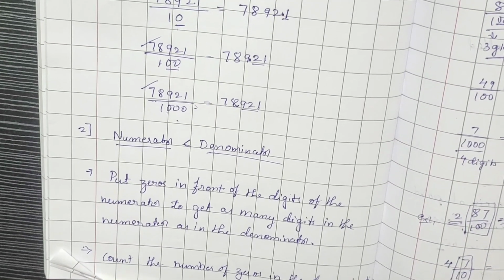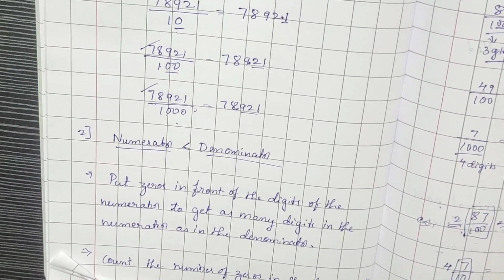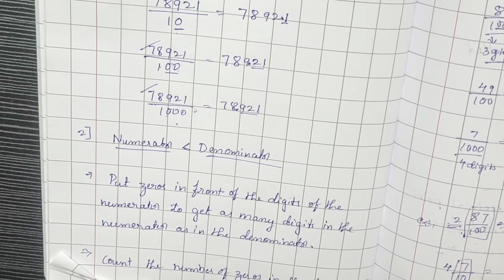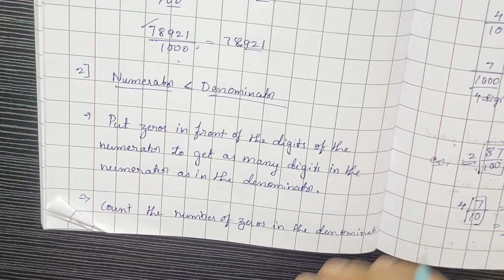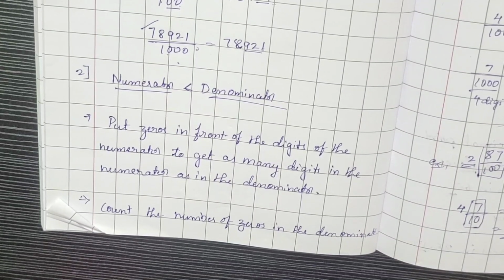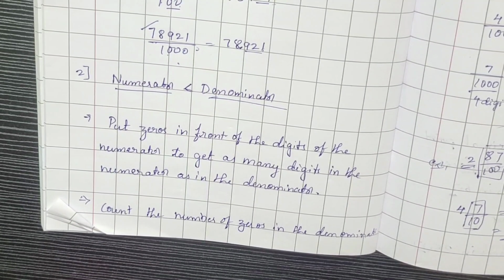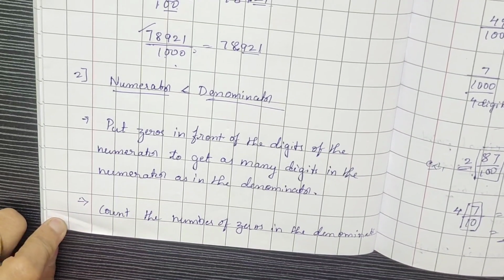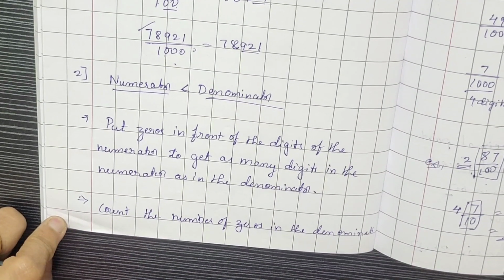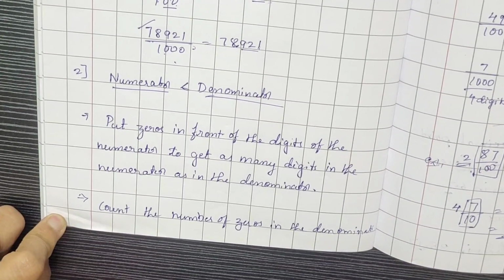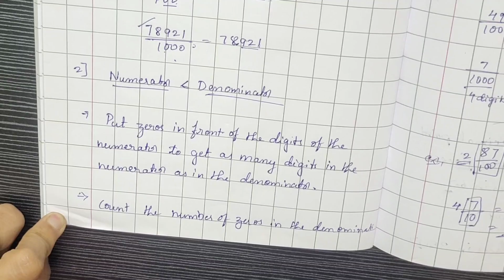First, if the numerator is greater than the denominator. Next, if the numerator is smaller than the denominator. We know how to do the greater numbers. Now, if the numerator is smaller than the denominator, first step, put zeros in front of the digits of the numerator to get as many digits in the numerator as in the denominator.